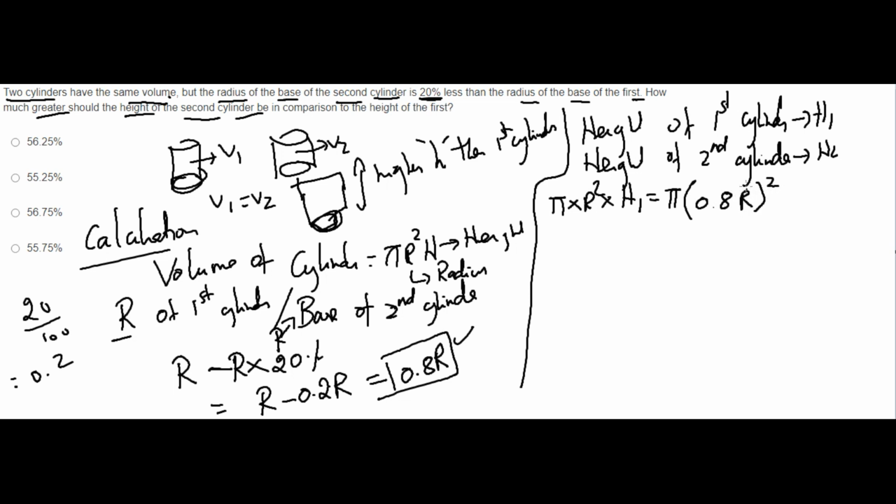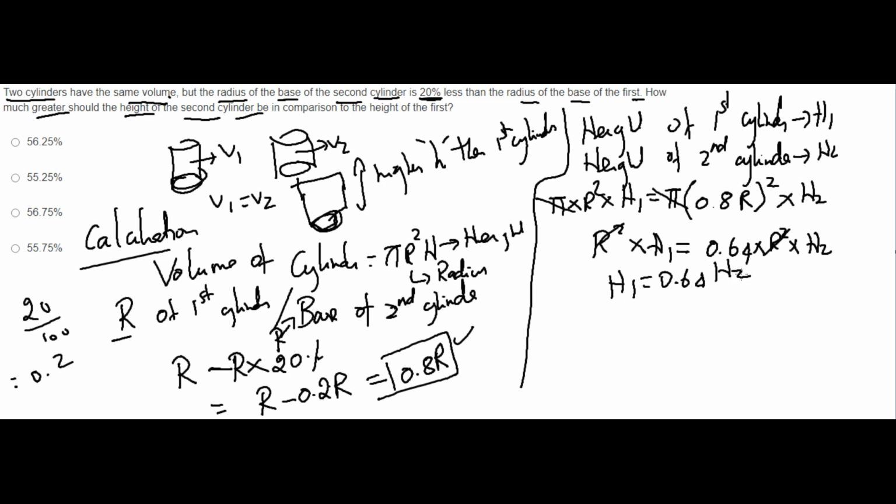Don't think that only r will be squared; both 0.8 and r are squared. Now pi cancels, and the heights are different. So r square h1 equals 0.64 r square h2, since 0.8 square is 0.64. Cancel both r square. So h1 is equal to 0.64 h2.